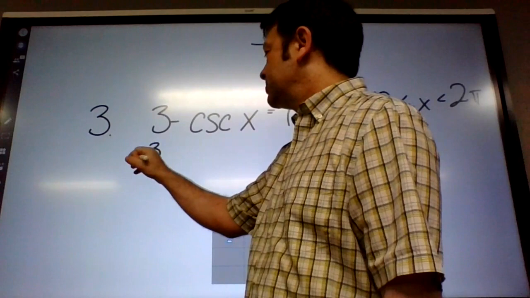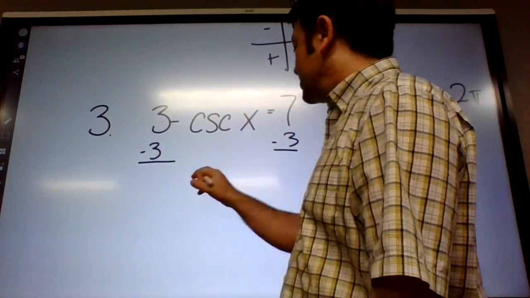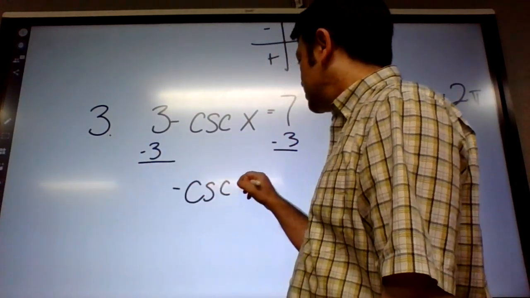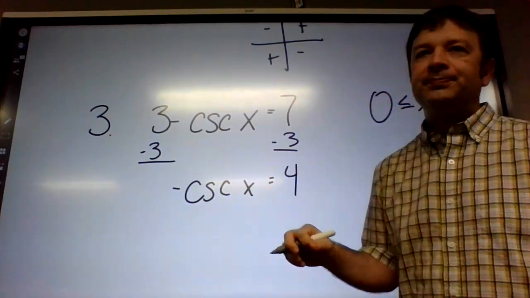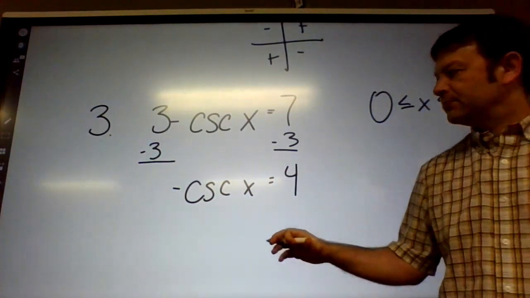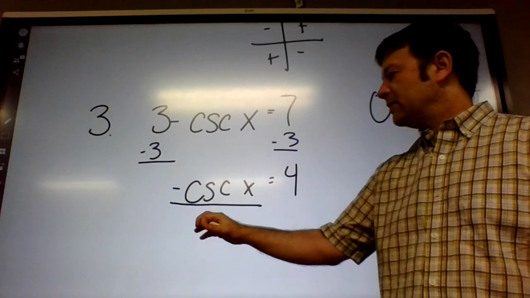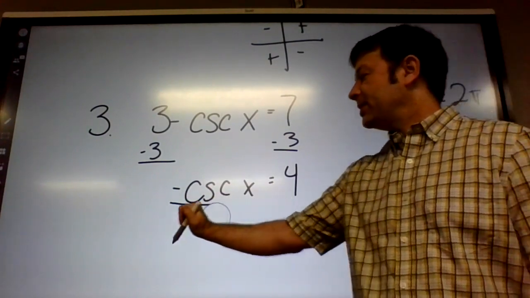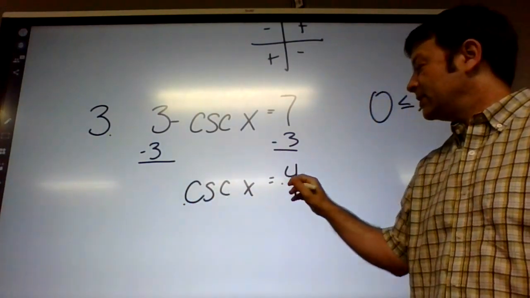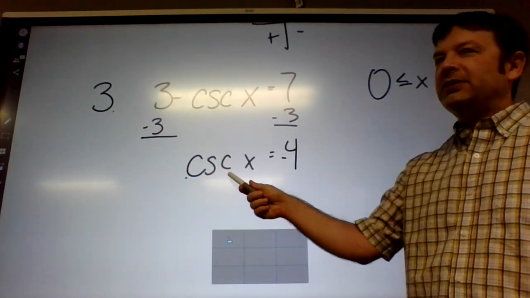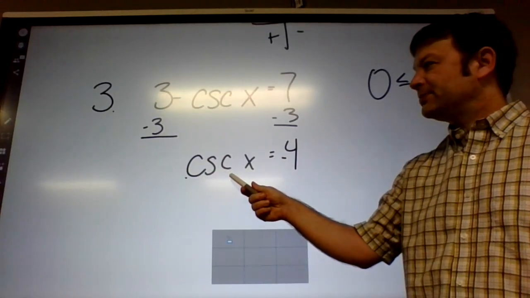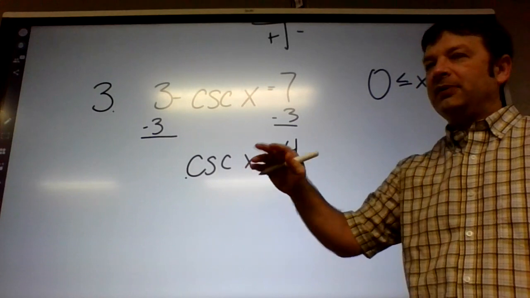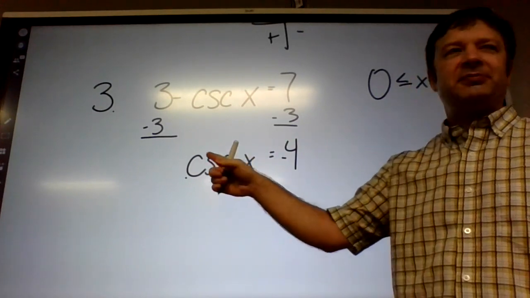Now, subtract 3, you want to get cosecant by itself. Now what? Take out the negative. Divide by -1. Okay, that'll just make it -4, right? Okay, I'm guessing we forgot this. Is the reciprocal equal right there? Yeah. What's the reciprocal of cosecant? You guys remember this?